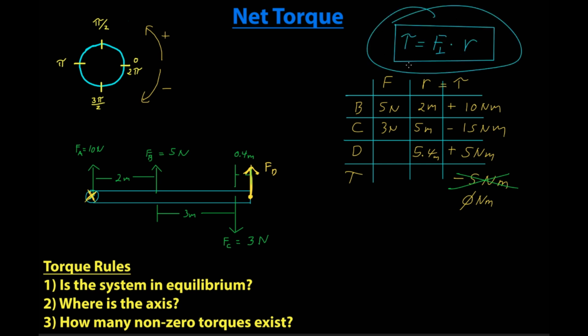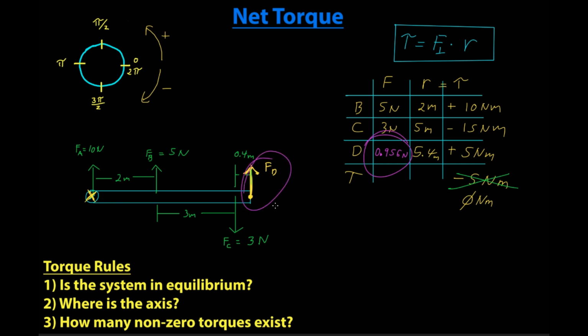Since torque is force perpendicular times radius, all I have to do is take the torque, divide by this radius, and I'll get the force. If you do that, you would get 0.926 newtons of force. That would be how much force someone would have to exert at the very edge of the door and in this direction to prevent that door from rotating at all.